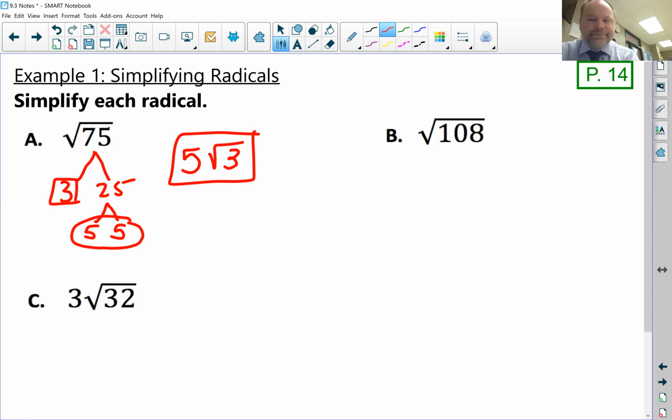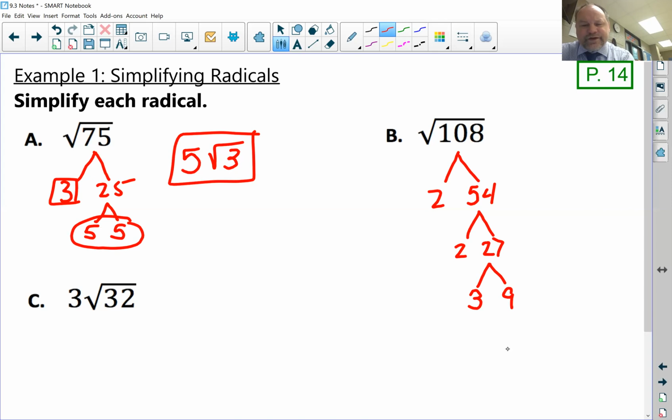Letter B, divide by 2 because it's even. We get 54. Divide by 2 again, we get 27. 27 isn't even, so now I'm going to divide by something else. I'm going to divide by 3. 27 divided by 3 is 9.